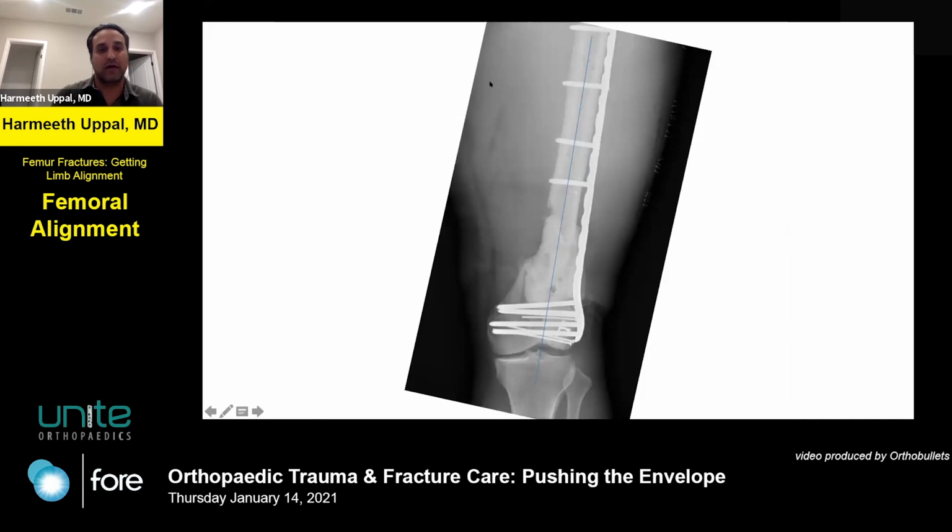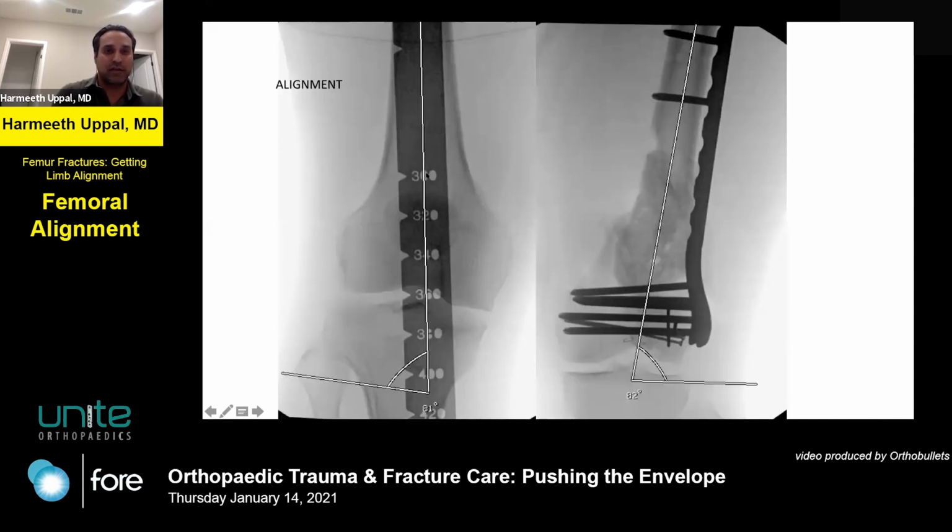And one thing I also did want to mention is when you look at coronal alignment, when you look at your plumb line down the femoral shaft, you have to also pretend that, if you're going to retrograde nail this, this line should be right where your start point is going to be. And your start point really is going to be right at your medial tibial eminence where it's on the femur.